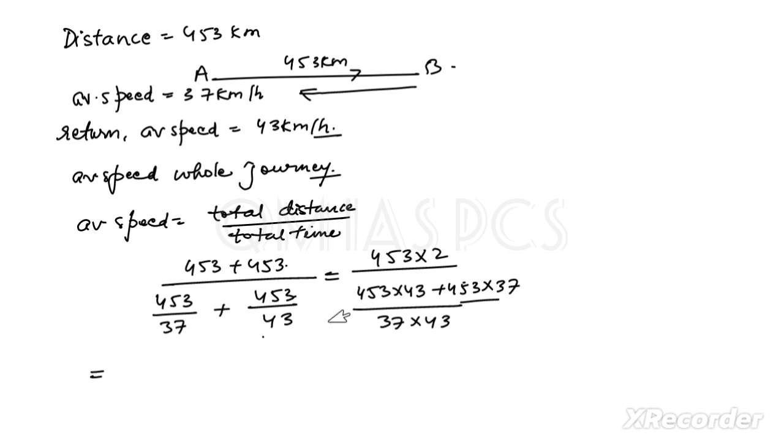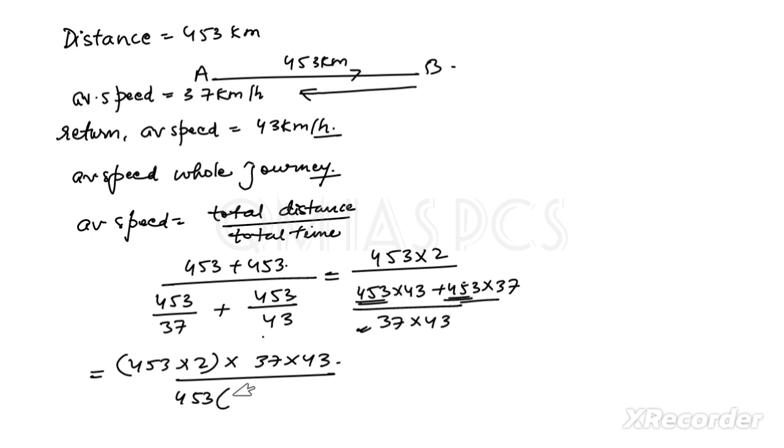So it will be 453 multiplied by 2, and this will go in the numerator multiplied by 37 multiplied by 43, divided by 453 times 43 plus 37, since we are taking 453 common.